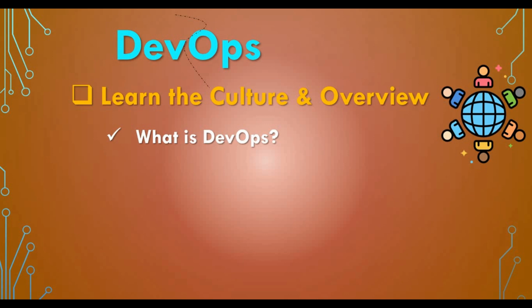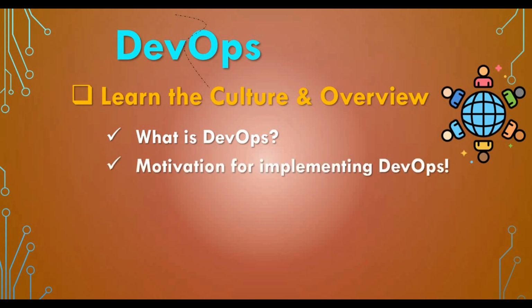You need to read through what DevOps is, why DevOps is implemented, or the motivation for implementing DevOps in an organization. Somebody will not implement something just for the sake of it, right? There is a benefit or a motivation for that organization to implement DevOps, so you need to understand the motivation behind the implementation of DevOps.